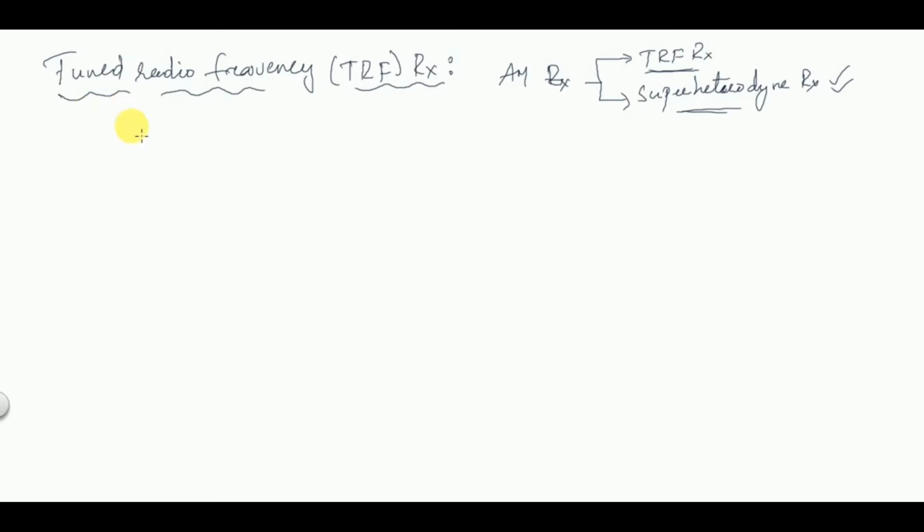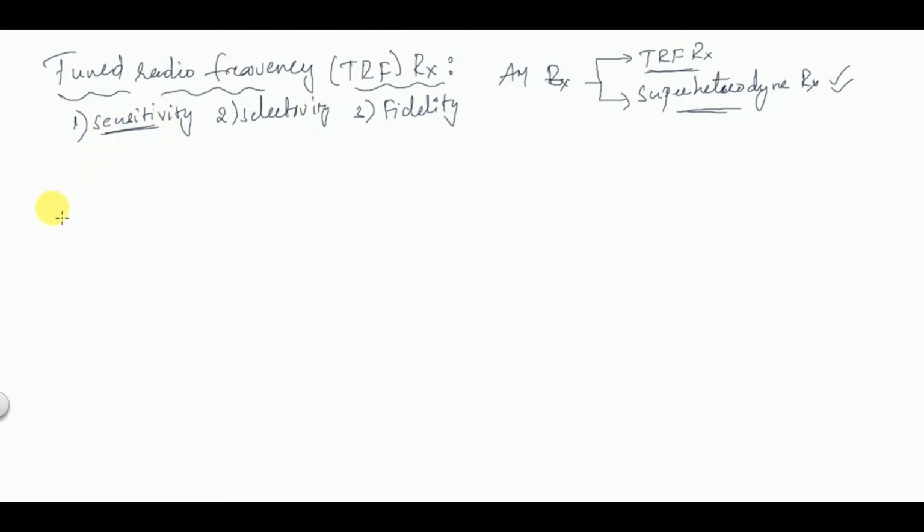Okay, so an AM receiver has three characteristics. One is sensitivity, which we have discussed in the previous video. Second is selectivity, and third is fidelity. All three characteristics must be perfect for any good receiver.